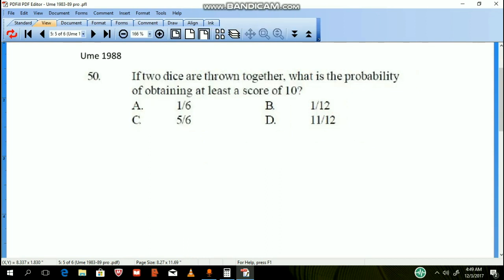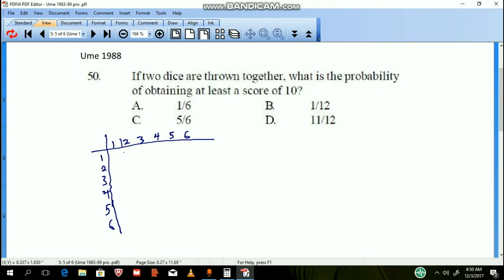We are told two dice are thrown together. What is the probability of obtaining at least a score of 10? Okay, so let's draw the dice. 1, 2, 3, 4, 5, 6. We have for that, 1, 2, 3, 4, 5, 6.